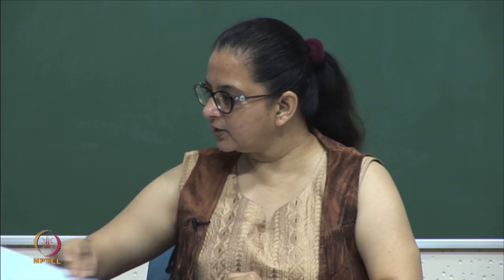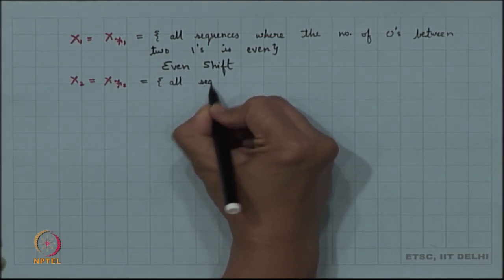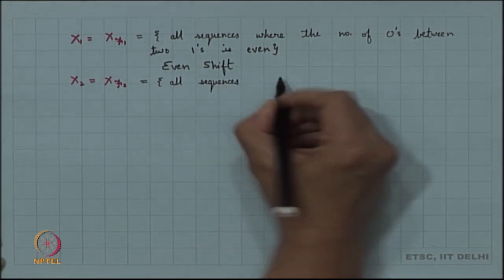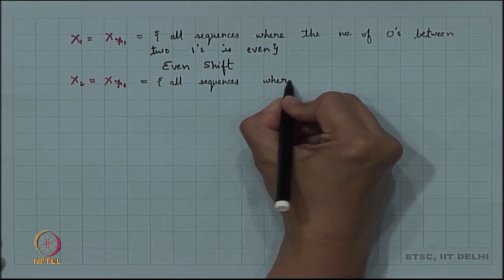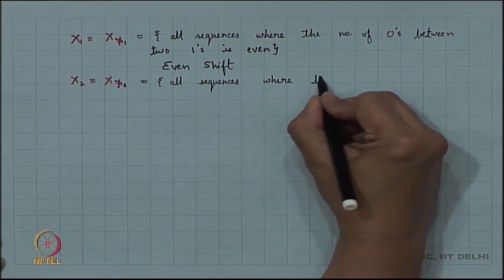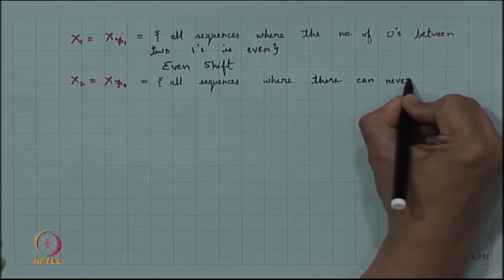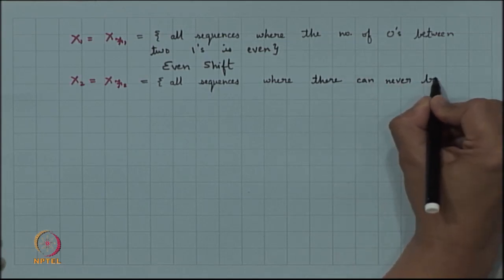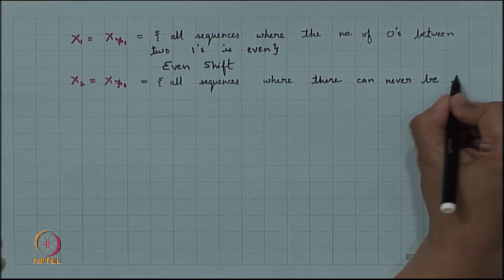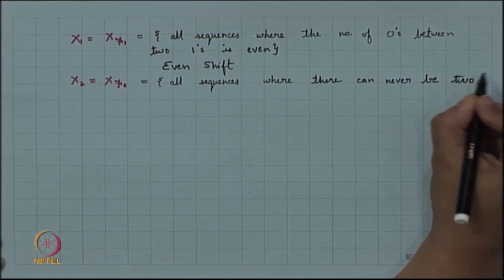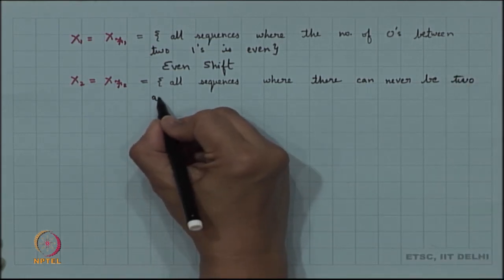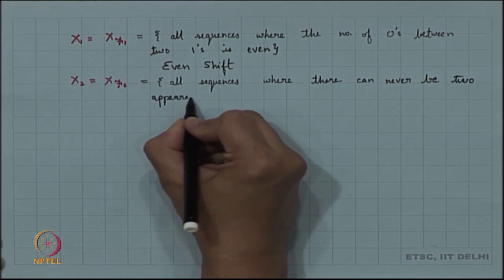So these are basically all sequences with no two appearances of 1 together.